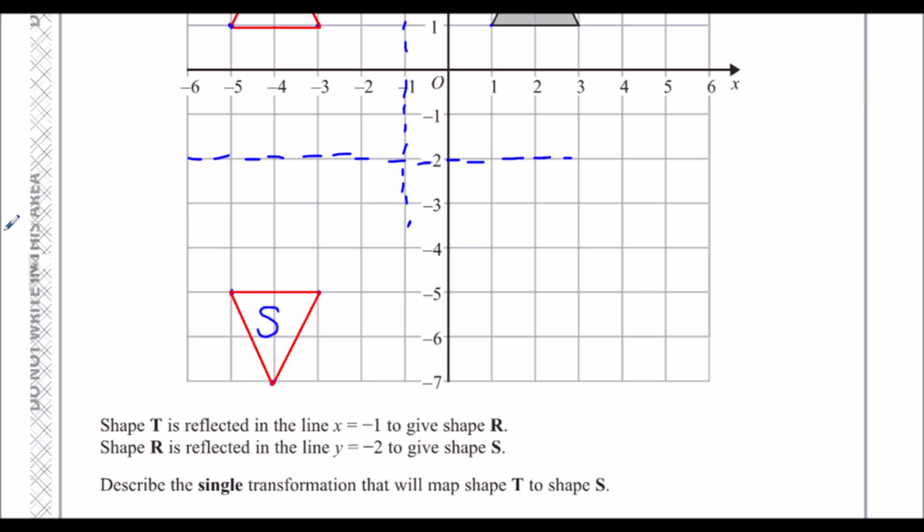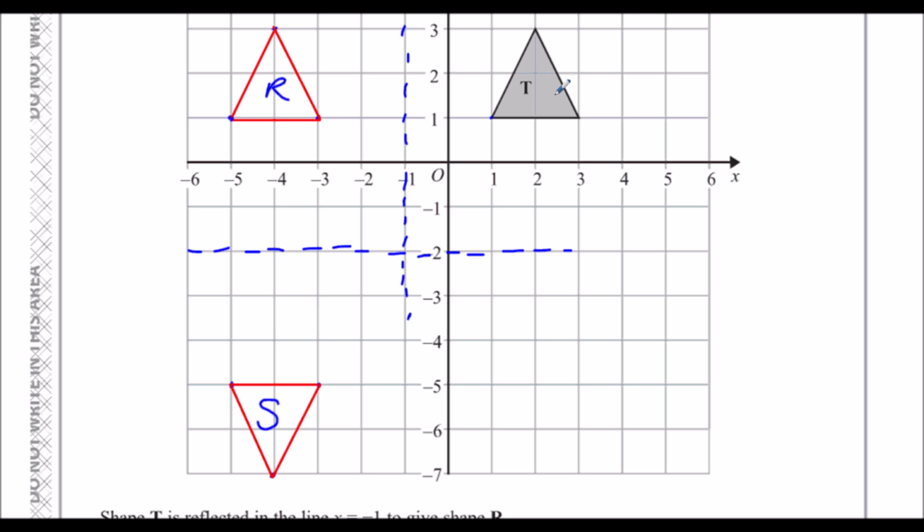Describe the single transformation that will map shape T, so our original shape, onto S. So how would you get from T to S in one transformation?